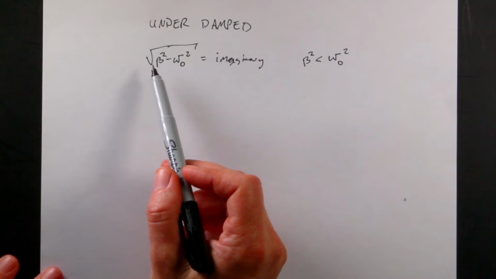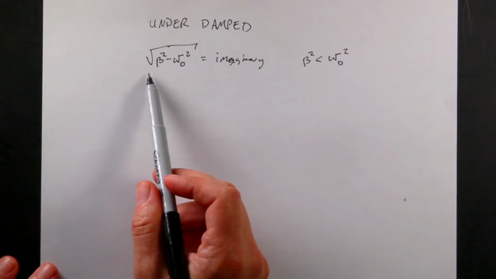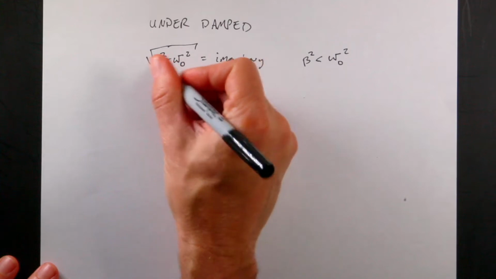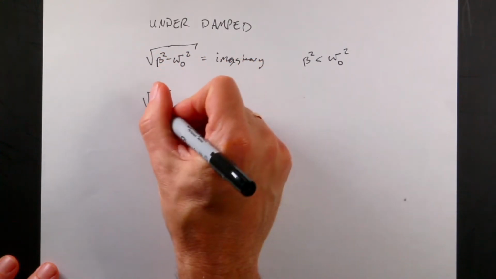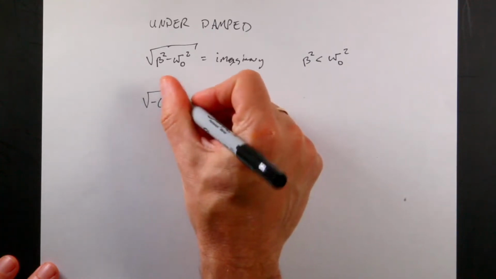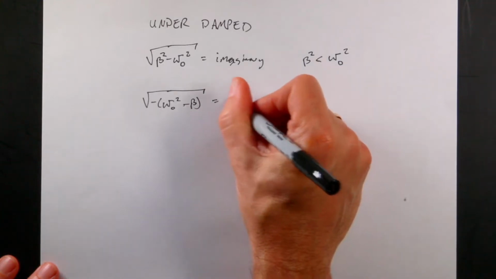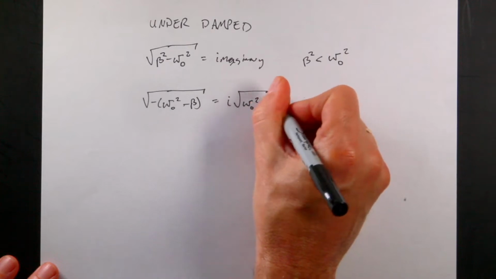In the exponent, okay, it's not an imaginary number, it's an imaginary number in the exponent, which is a little bit different. So what we did was to say, okay, what if I go ahead and change the order of this? So I can write this as the square root of negative times omega naught squared minus beta squared. That's the same thing. And then I have a negative 1 that I factor out of there, and I get i times the square root of omega naught squared minus beta squared.